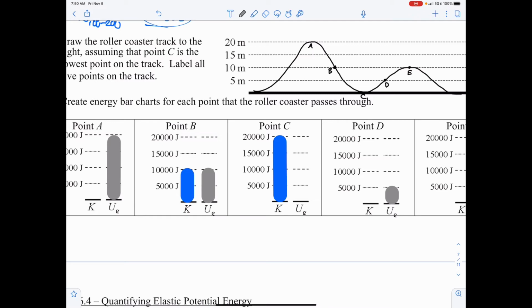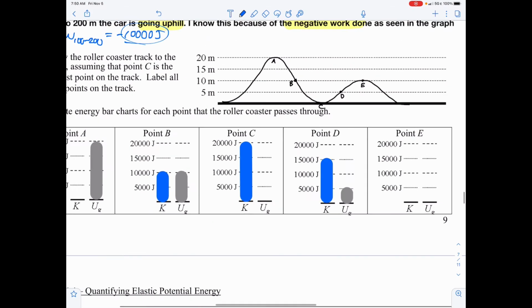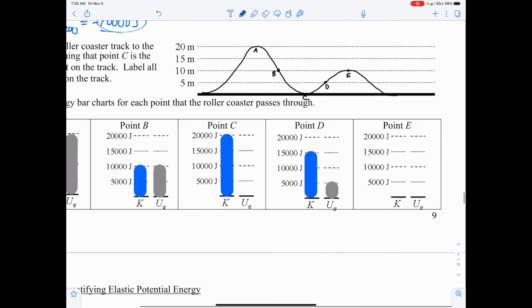Now, if it has half the potential energy, that means you have to have 3/4 of the maximum kinetic energy to add up to 20,000 joules. Remember, the total energy needs to add up to 20,000 joules. Therefore, the kinetic energy at point D should be 15,000 joules. And then lastly, since point E is at the same elevation as point B, you would expect the exact same energies as point B.